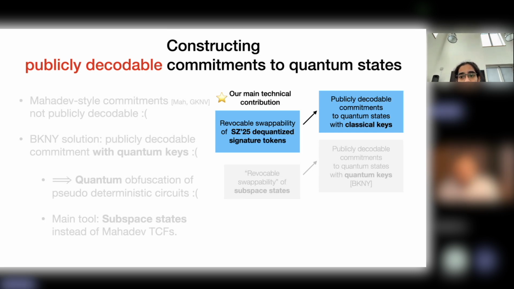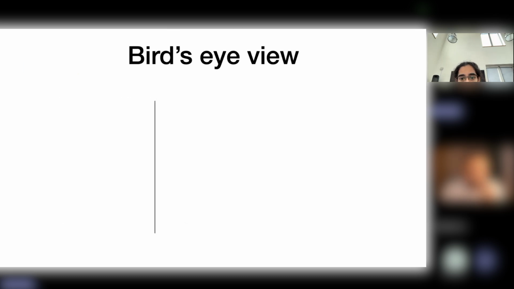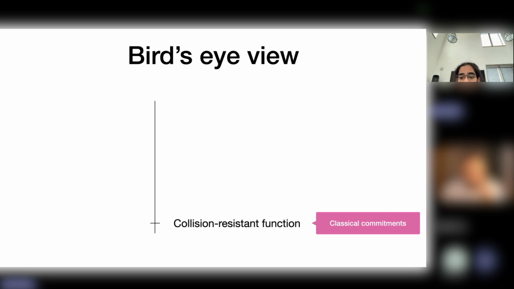Okay, so now we have these commitments, and if you didn't follow parts of that, this is the picture I want to leave you with. We know that collision resistant functions suffice to build statistically hiding commitment schemes that are secure against classical adversaries, right? Like I can't come up with two openings because of this collision resistant property.